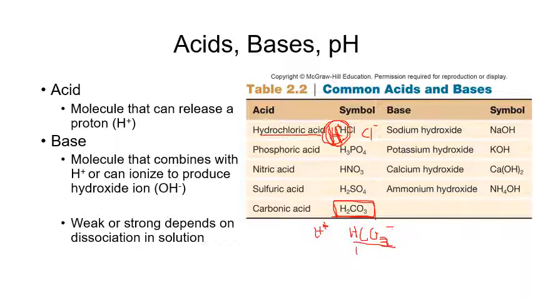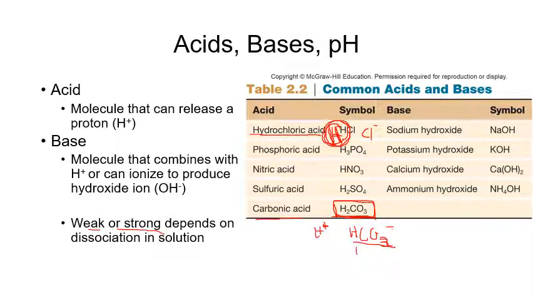Okay, so this would dissociate into this and this, but not all of this will dissociate, whereas with hydrochloric acid, all of it will dissociate, forming hydrogen ions. Okay, that basically tells you whether it's a weak or strong acid.